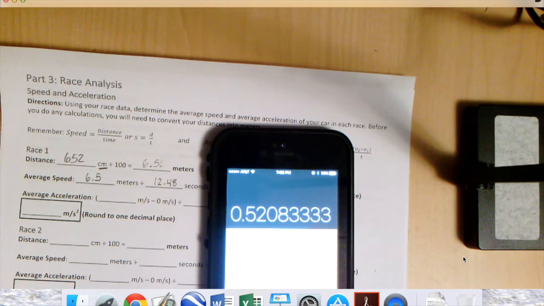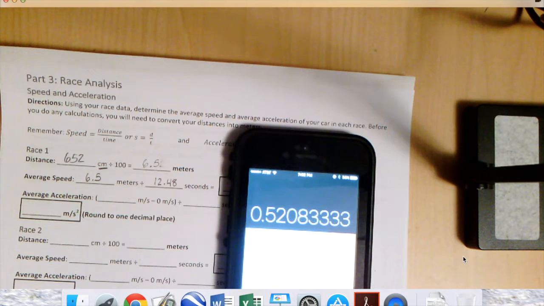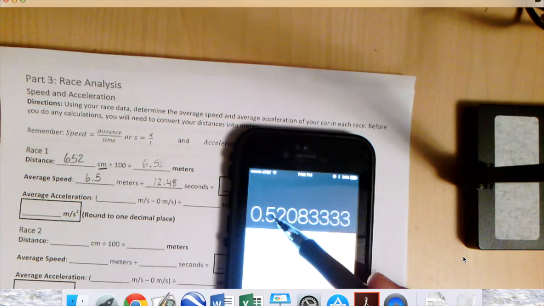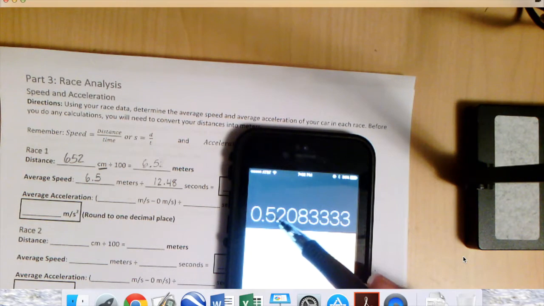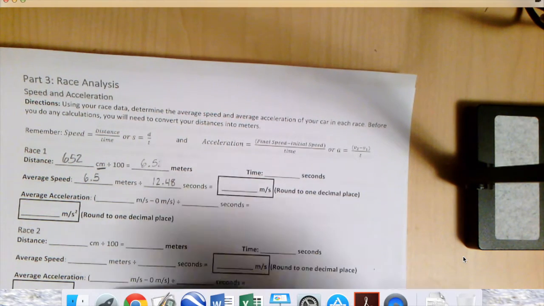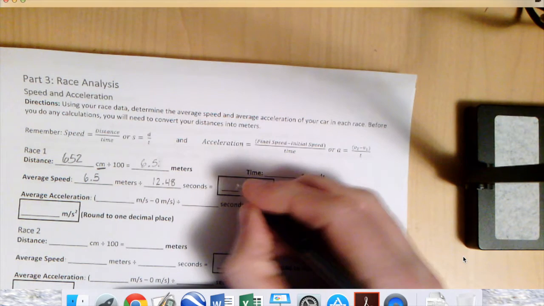It gives me an answer of, oh goodness gracious, big numbers, 0.52083333333. We're only going to round to 1 decimal place, so it's 0.5. Now, is it 0.5 or do we round it up to 0.6? Well, we look at the 2 right here, and we see that it's less than 5. So 5 stays.